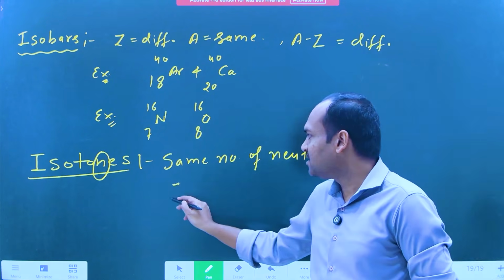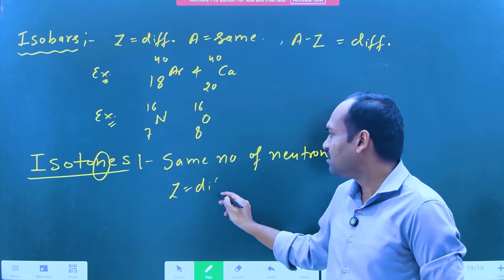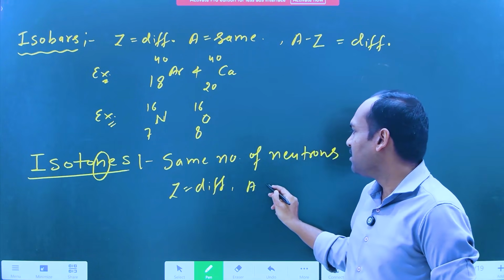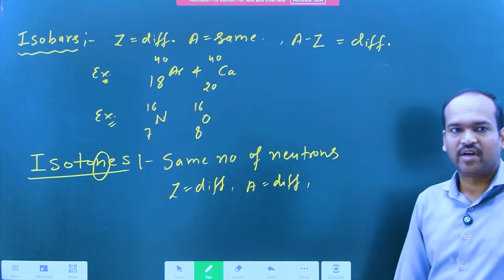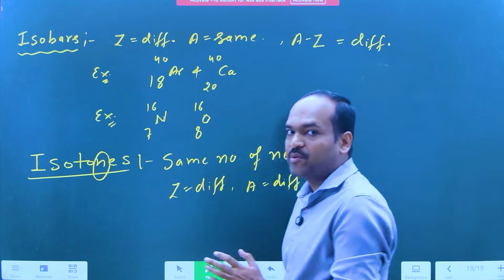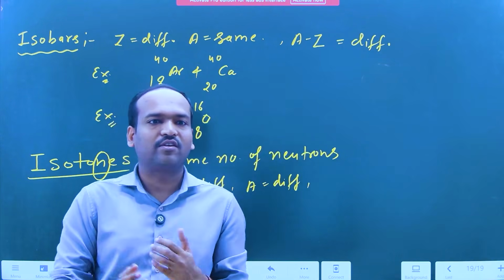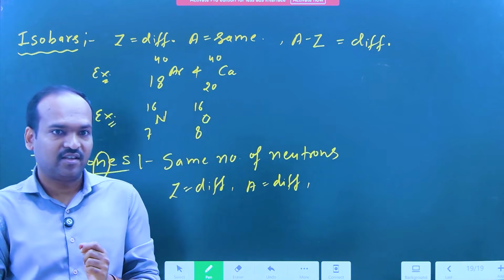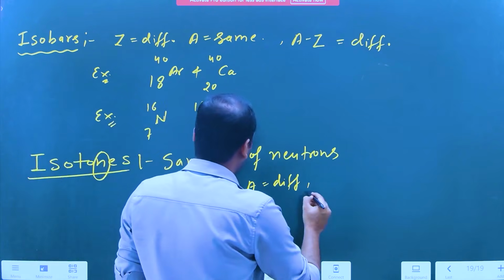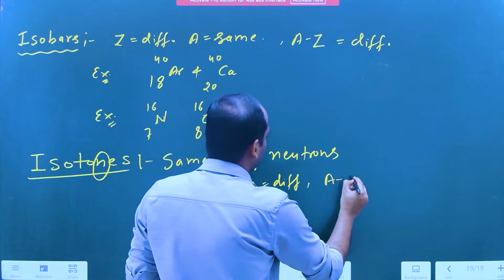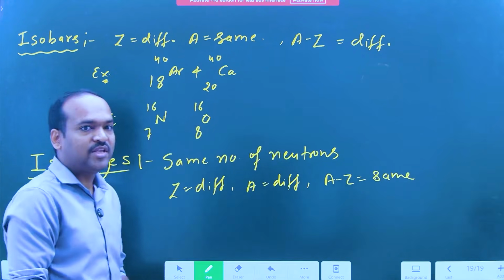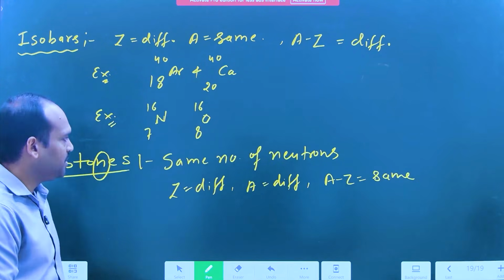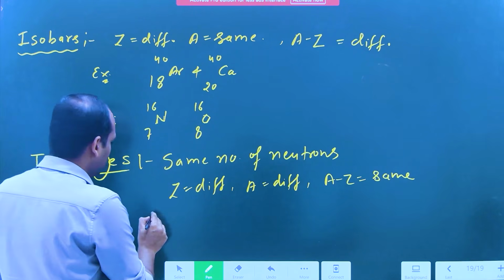So Z is different and A is different, but what should be the same? The same number of neutrons. Because the neutron calculation formula is A minus Z, can I say Z is different, A is different, but A minus Z remains the same? Yes, A minus Z should be the same.